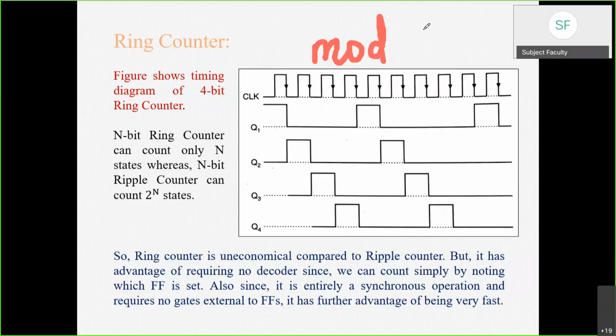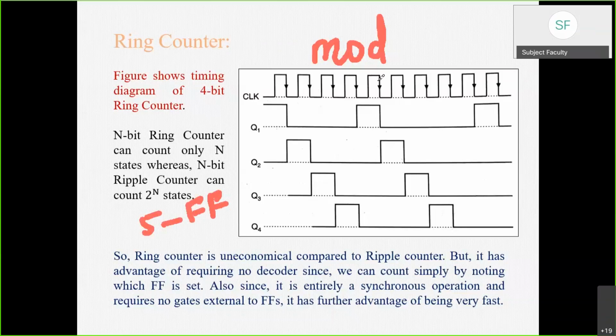Now here there is no problem of intermediate states. If you want to design a 5-bit ring counter, you simply design it with 5 flip-flops. If you want a 6-bit ring counter, you simply use 6 flip-flops, and so on. So no external gates have been used here.